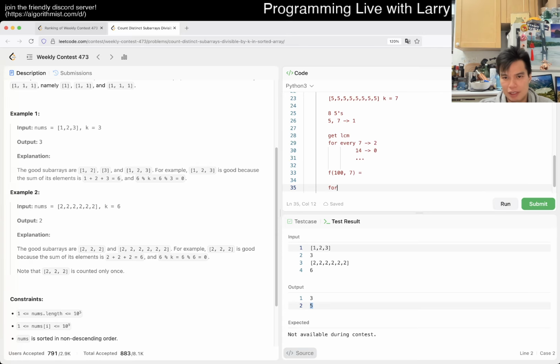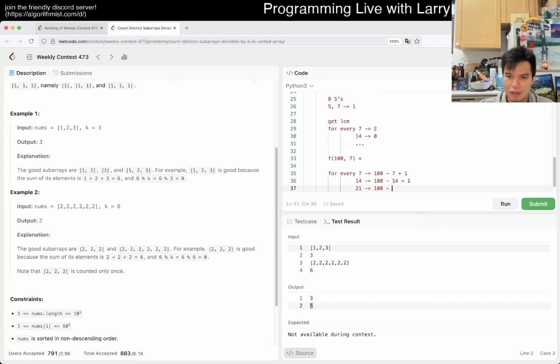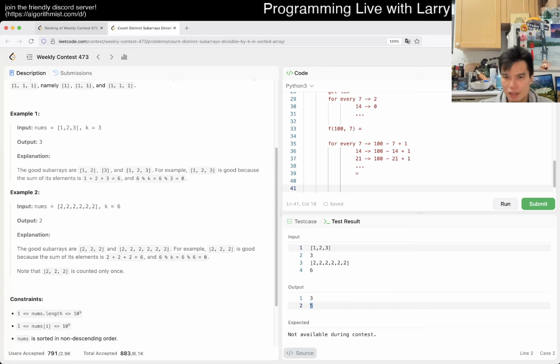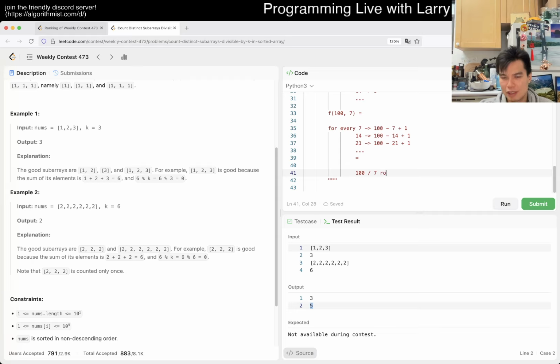For every 7, this is going to be just 100 minus 7 plus 1. And then for 14, it is 100 minus 14 plus 1. And 21. So there's going to be 100 divided by 7 rows of these, more or less. Maybe I'm off by 1.